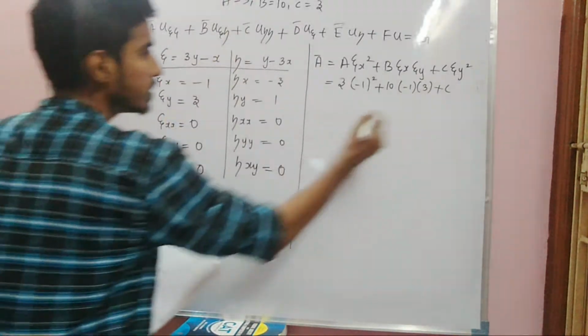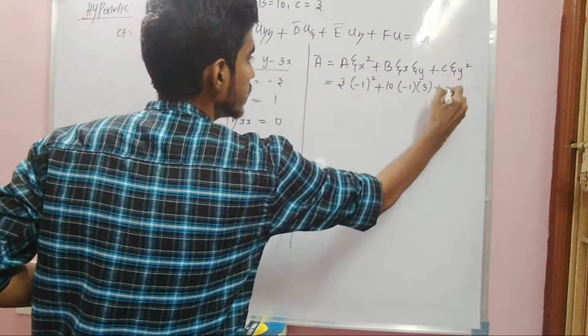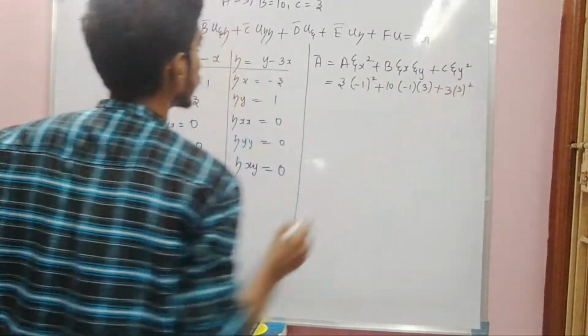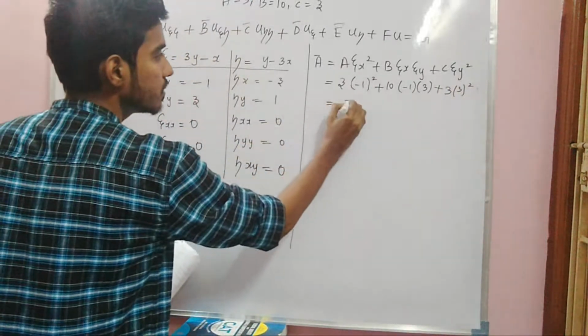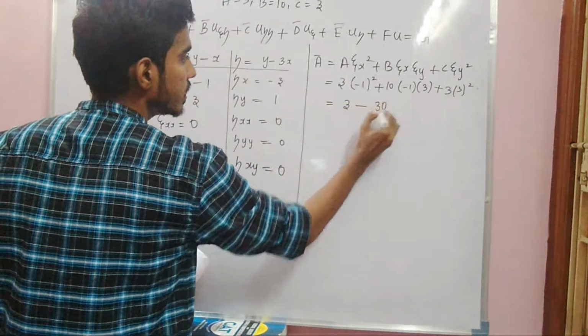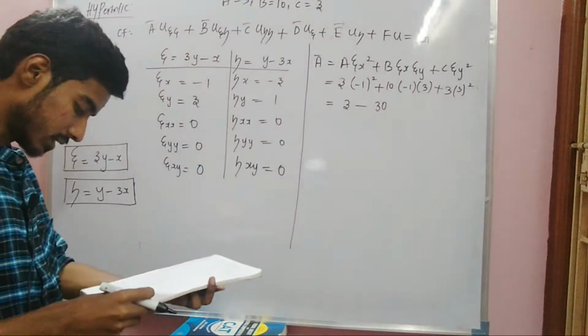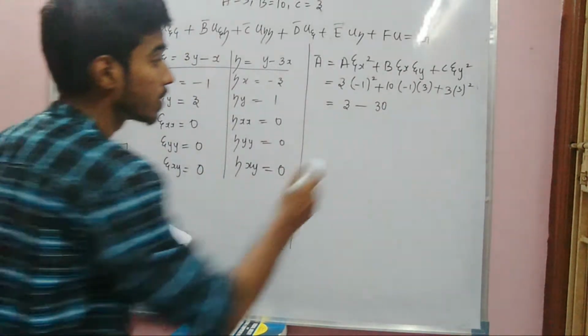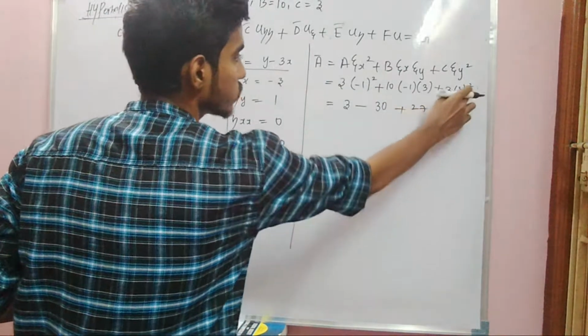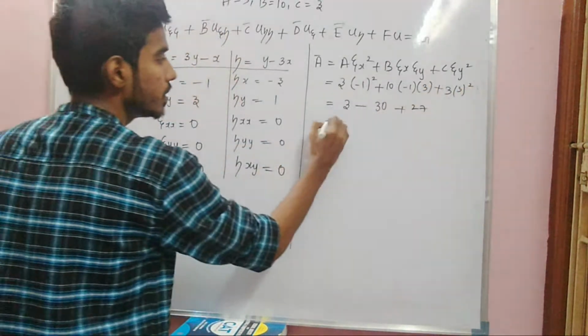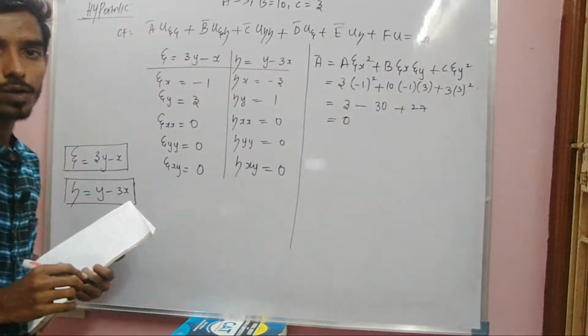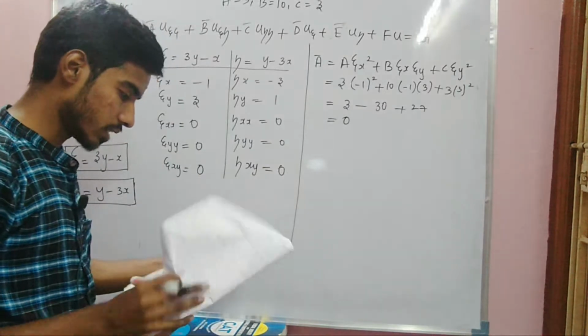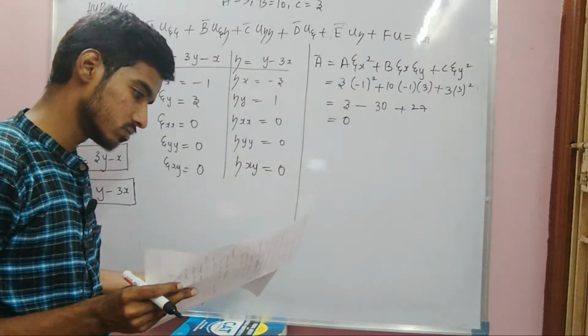So theta y is 3, and c is also 3, so we have 3 into 3 square. So this will be 3 minus 30 plus 27, right? 3 square is 9, 9 times 3 is 27. This will be 0. So therefore we have a bar equal to 0, right?